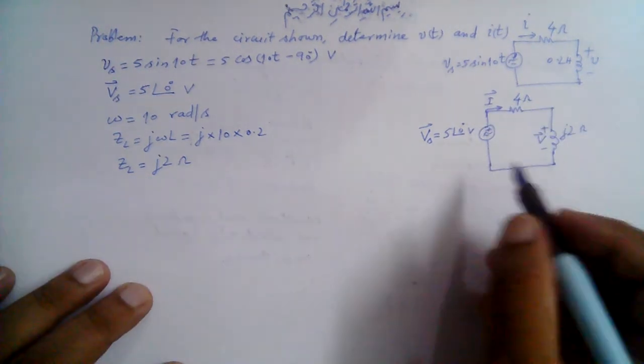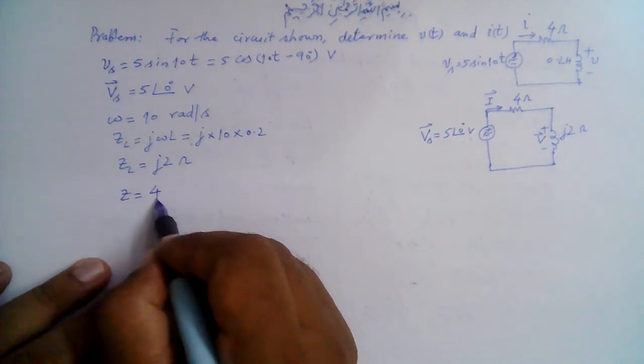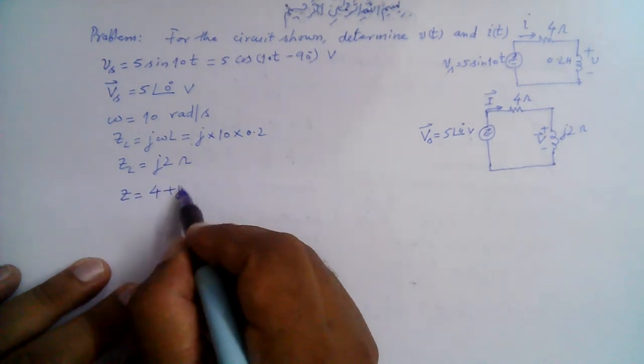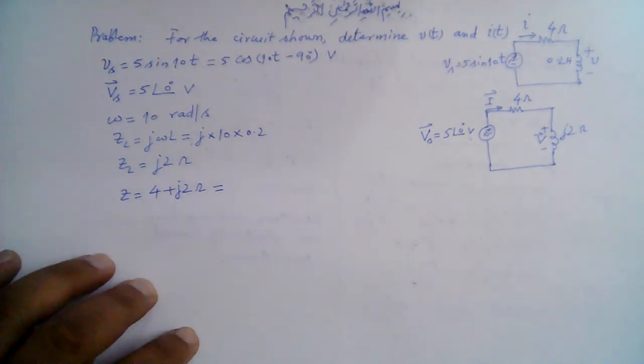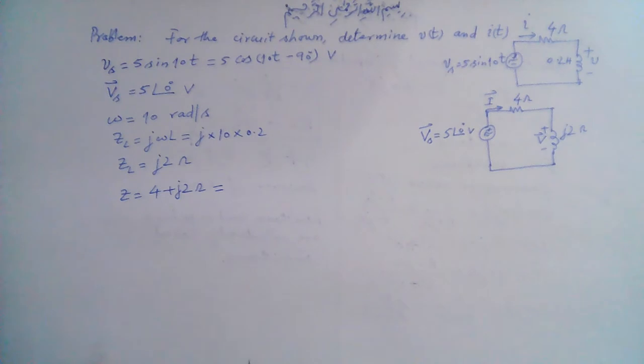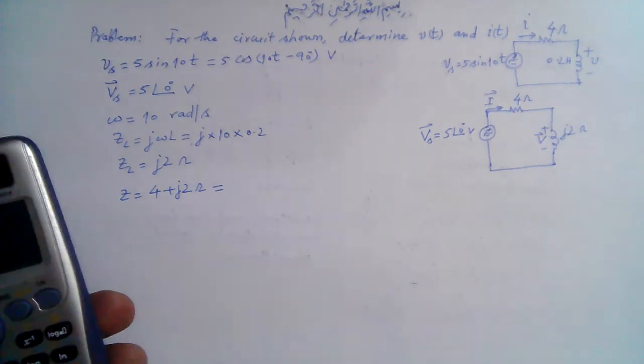So the total impedance of this circuit is given by 4 plus j2 ohm, and this can be converted into the polar form. This is 4 squared is 16, plus 2 squared, 4, is 20.